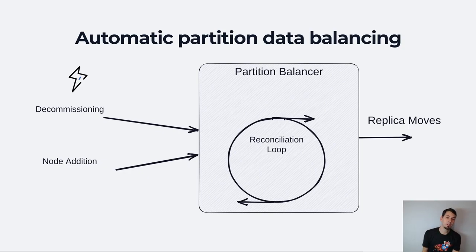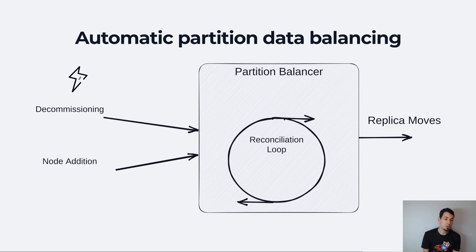However, as the system may evolve in time, an allocation that was valid in the past may not be optimal or may even violate hard constraints now. To solve this problem, we introduced a partition balancer service. The service is triggered by events that are known to cause constraint violations, for example, a node being down for a long time. This way we need to up-replicate the partition as one of the replicas is not available.